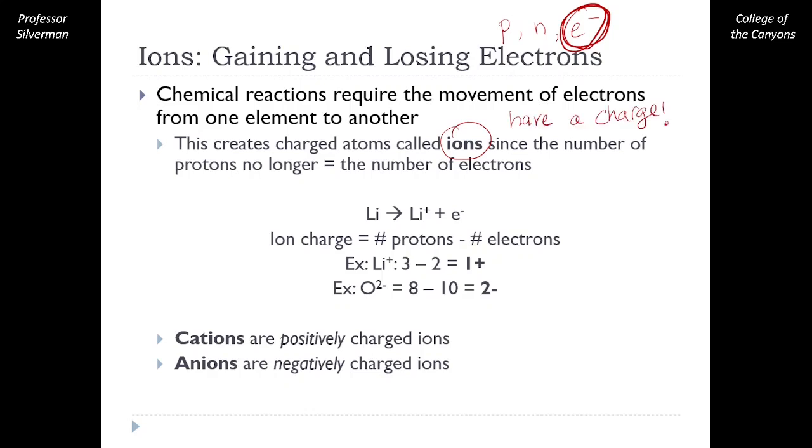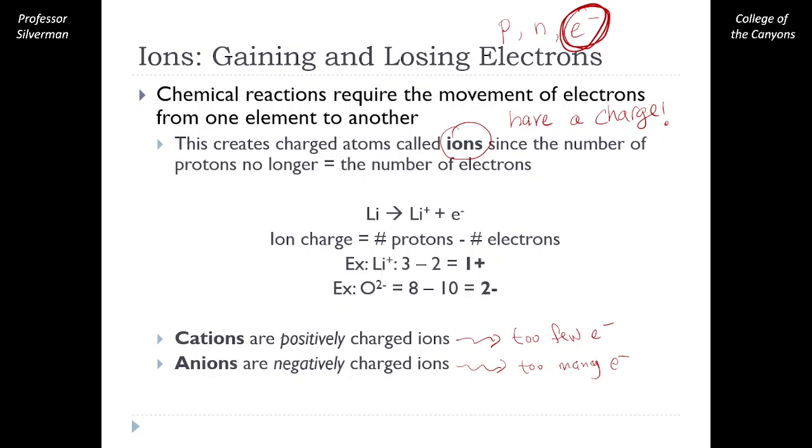These ions could have too few electrons and end up as positive, or they could have too many electrons and end up as negative.